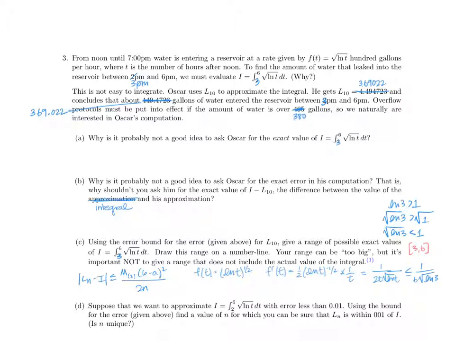So we can actually safely substitute 1 in down here. And since 1 is smaller than square root of natural log of 3, that means that 1 over 6 square root of natural log of 3 is definitely going to be less than 1 over 6 times 1, right?